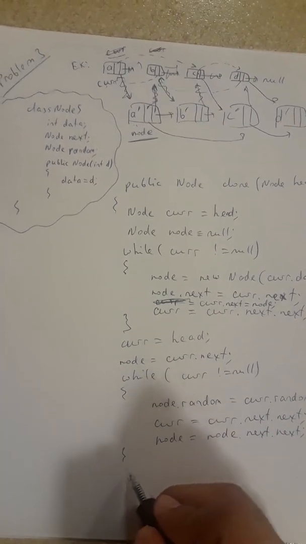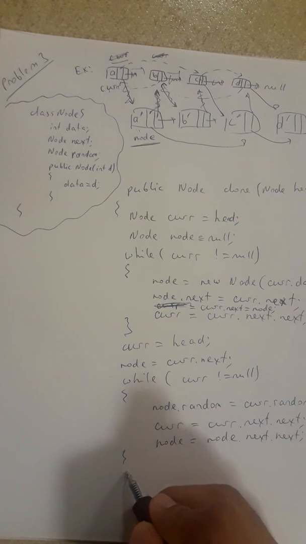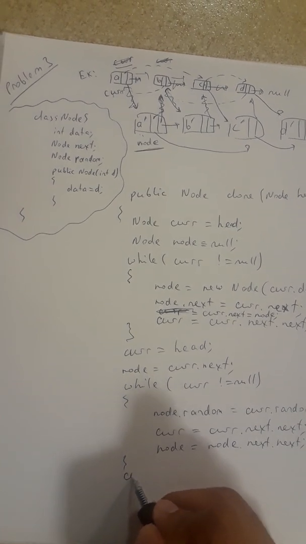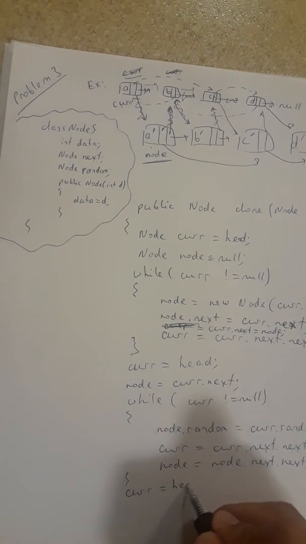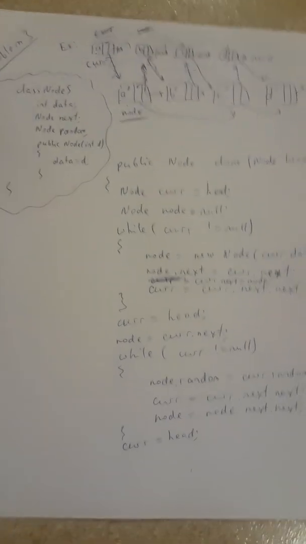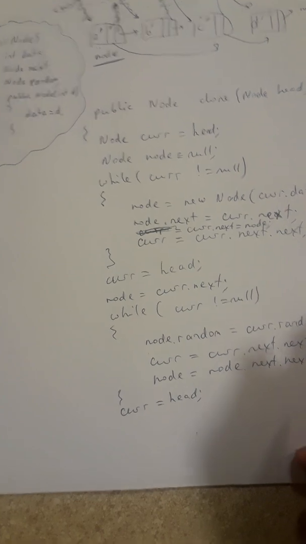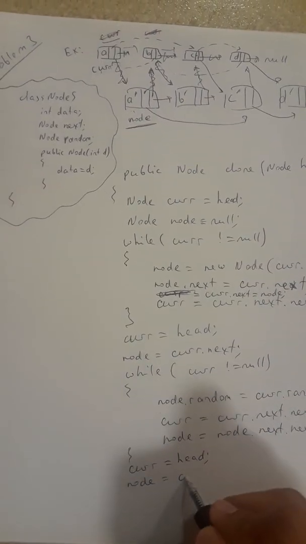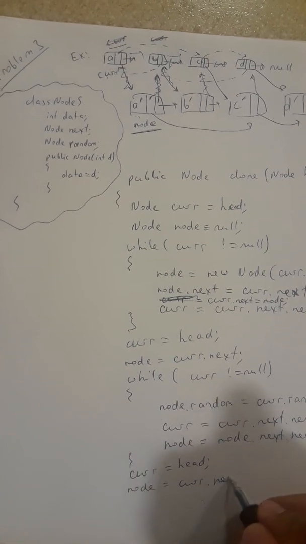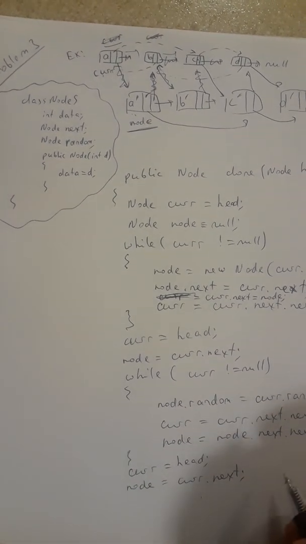After that, I will again define my current equal to header, and my node will be pointing to the next element after current.